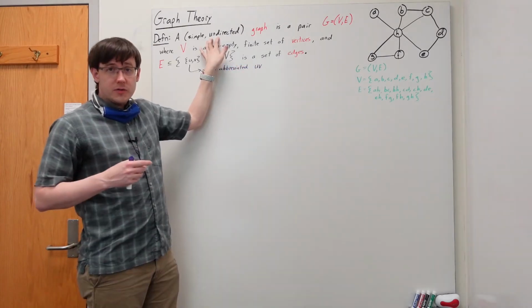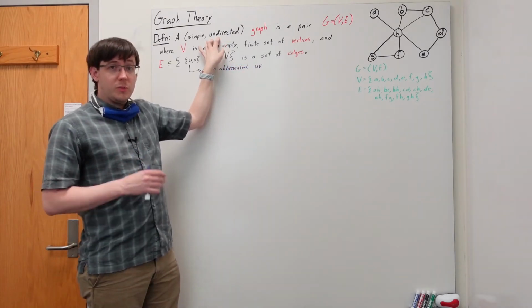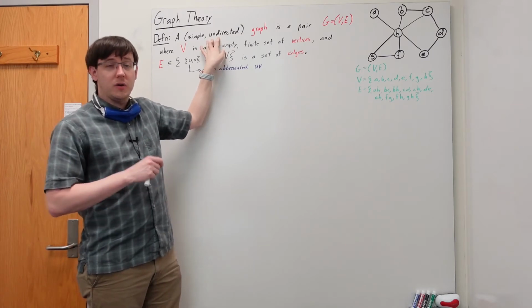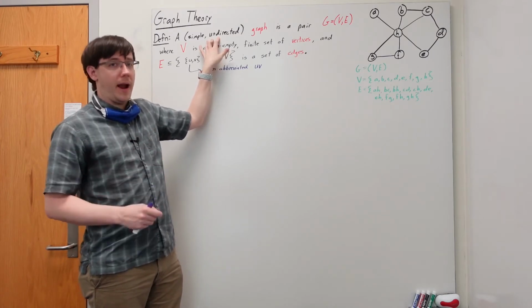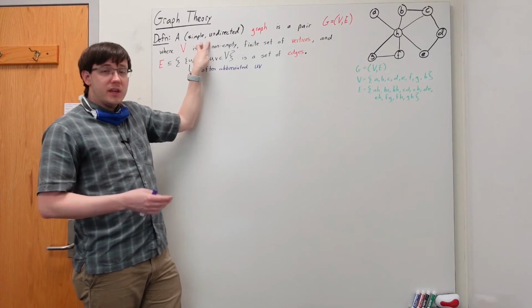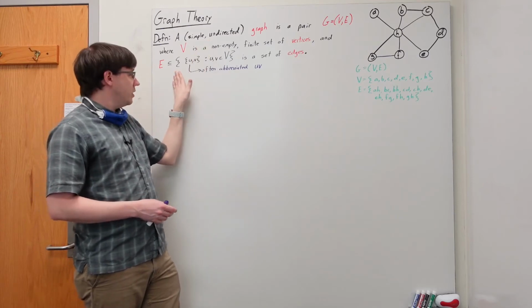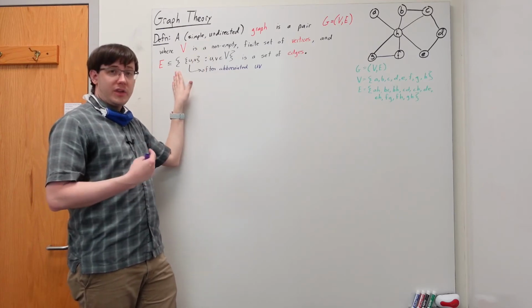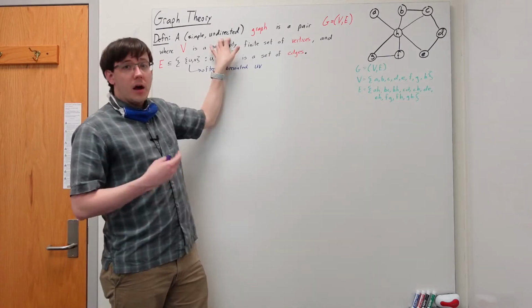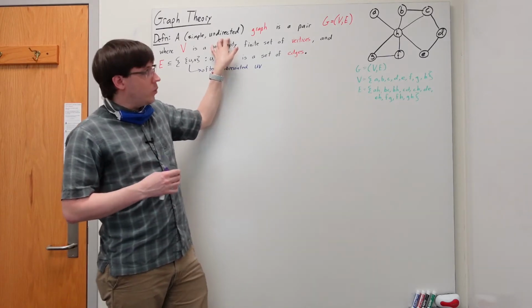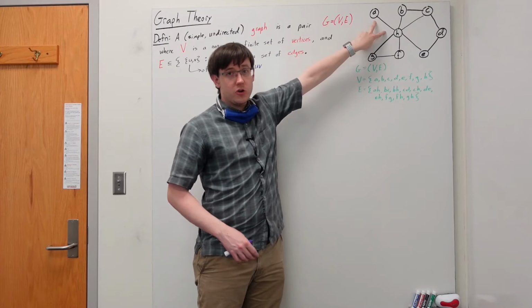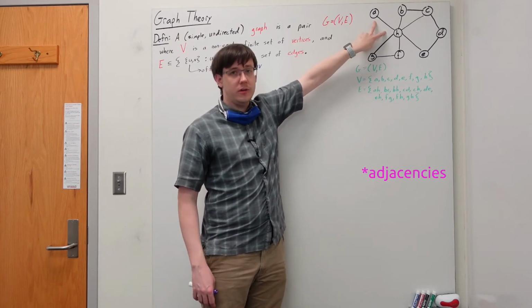In the definition of a graph, I've pointed out that we are specifically talking here about simple, undirected graphs, and both of these give us our particular definition for the set of edges. An undirected graph is one where there is no directionality to the connections.